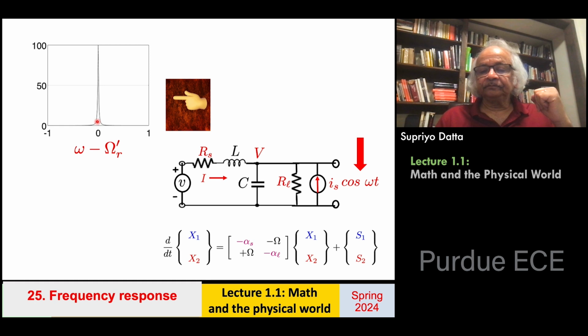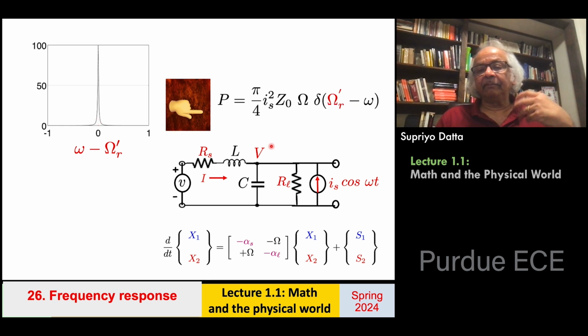And so you can write the power that is delivered by the source. If you ask this question, how much power does the oscillator absorb from your source? You'll get an expression looking something like this. There's something that depends on the strength of the source, the square of that, and then Z0, that was the scaling variable I'd mentioned before, this omega, and then there's a delta function right at the resonance.